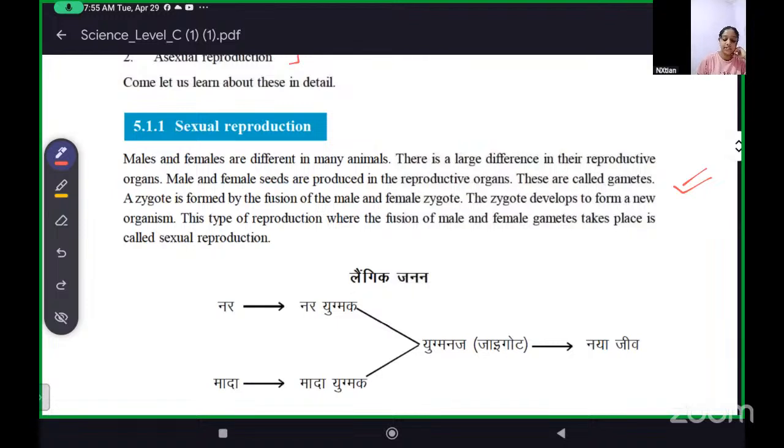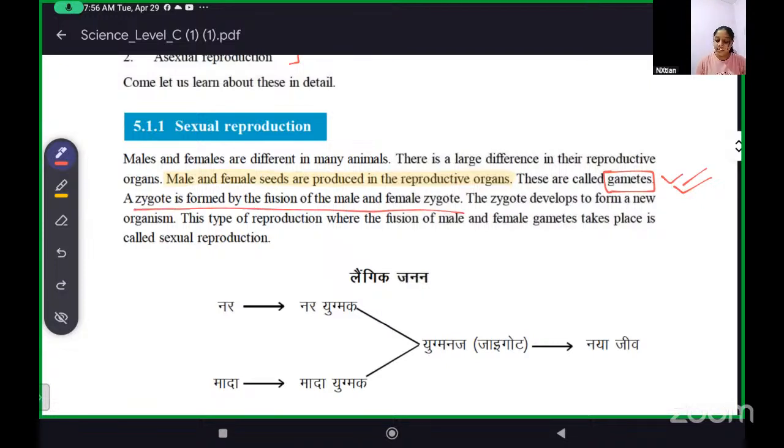Males and females are different in many animals. There's a large difference in their reproductive organs. In these reproductive organs, male and female seeds are produced. These are known as gametes. Now when the fusion between these male and female gametes takes place, then a zygote is formed.